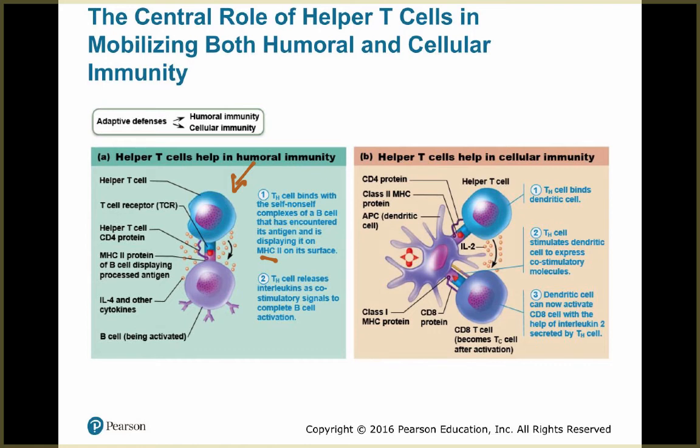In here, I don't want to get too detailed with you guys, but this helper T cell is basically helping to activate this B cell by allowing it to essentially interact with its displayed antigen.